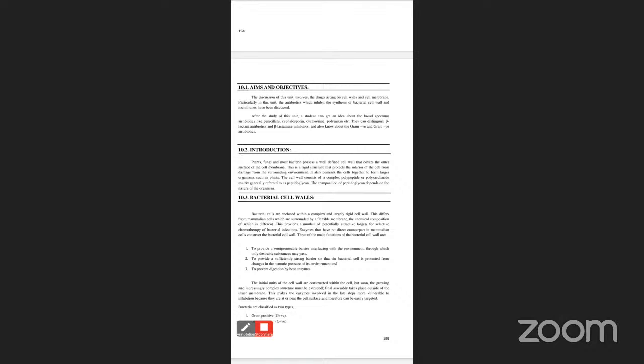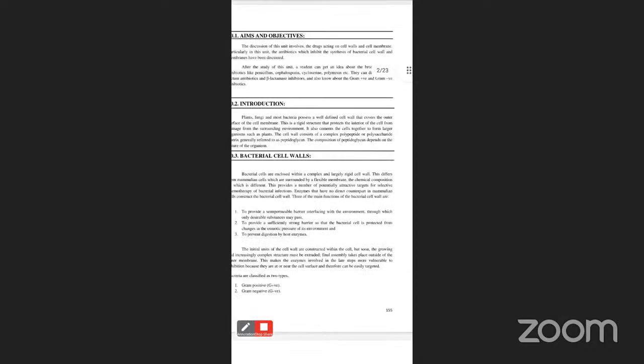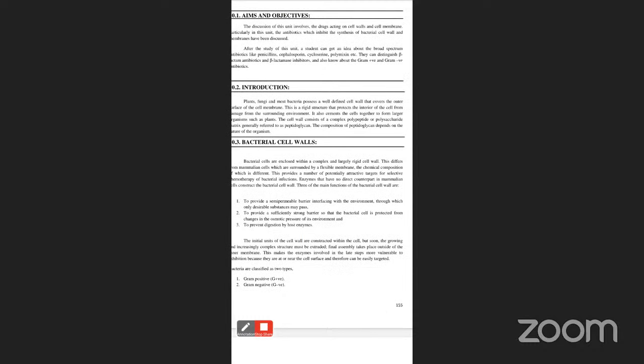So ultimately the pathogen is going to die. That is the concept of the drug mechanism acting on the cell wall and the cell membrane. Now you see here the bacterial cell walls.